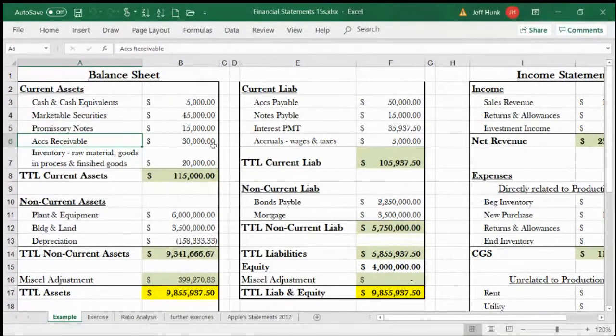Now, what's the difference? In business to business, the most preferred payment method by the buyer is the promissory note, and the least preferred method is cash. Okay, from the buyer's perspective.